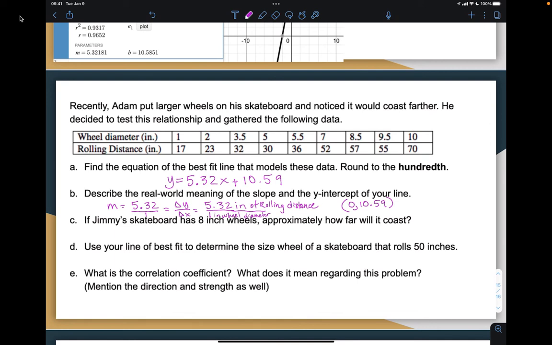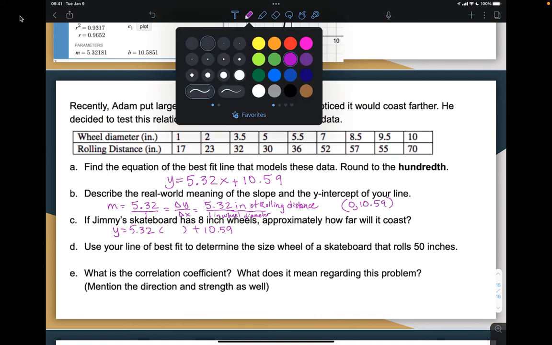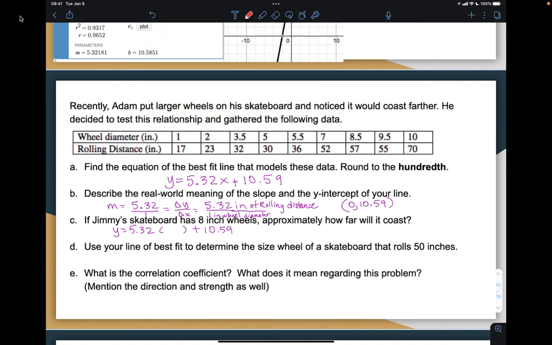So, if Jimmy's skateboard has 8-inch wheels, approximate how far it will coast. So we are given this equation, y equals 5.32 times x plus 10.59. Well, since our wheel diameter is 8 inches, we're going to stick that in for x, 8.